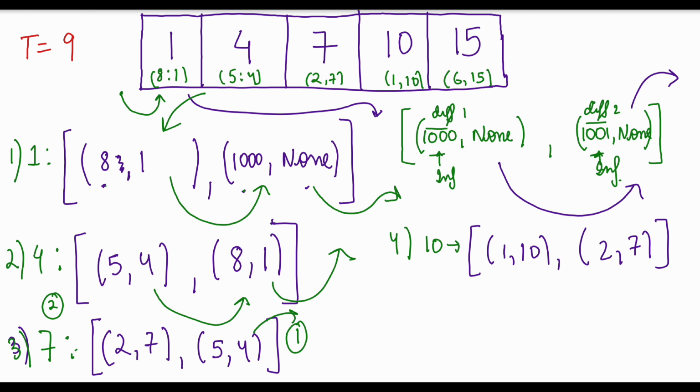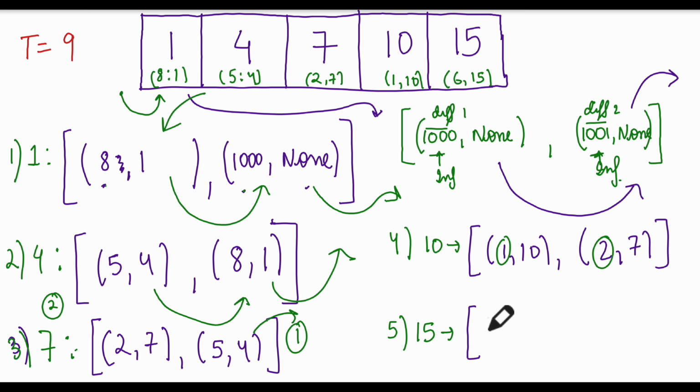And the last part where I see 15, with 15 I see that the difference is 6. Now this 6 is greater than both of these. It is greater than 1 as well, it is greater than 2 as well. So I don't need to remove anything because these two are still my closest two elements. So I will not be making any changes.